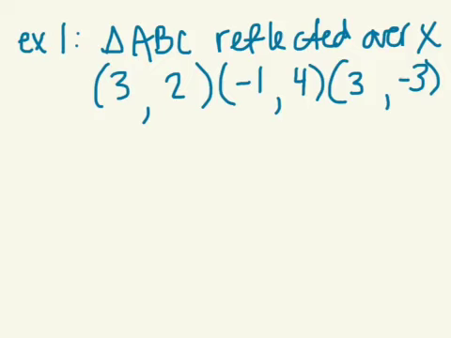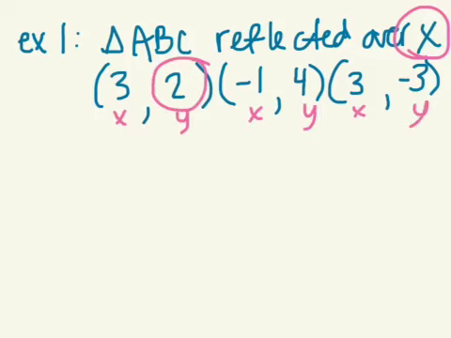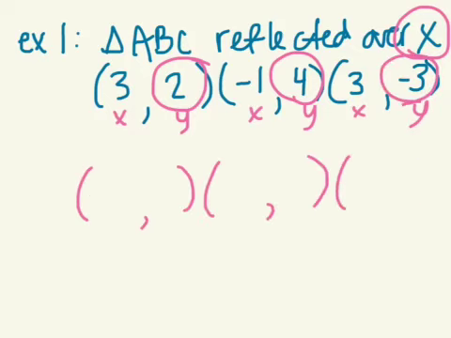Okay, when I'm reflected over the x, remember the x's will stay the same, but the y will change sign. So this is my x, my y, x, y, x, y. So this is the one that's going to change. So I'm going to rewrite my ordered pairs underneath, and x is going to stay the same, but y is going to go from 2 to -2.